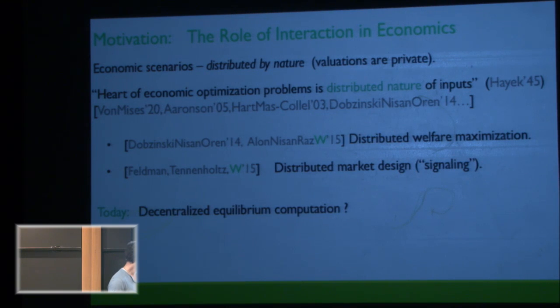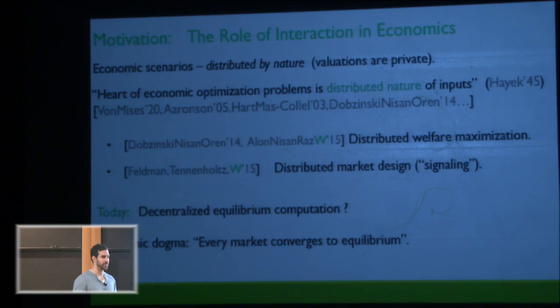And today's talk will be related to the problem of decentralized equilibrium computation. And it has to do with the well-known economic dogma that every market eventually converges to equilibrium. And the question is, can we quantitatively analyze the rate of convergence of such a process?